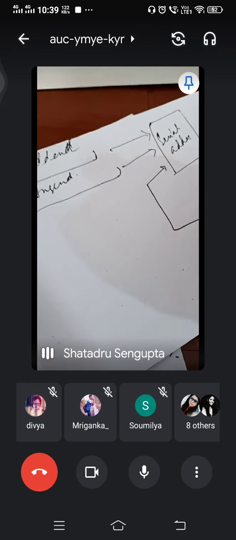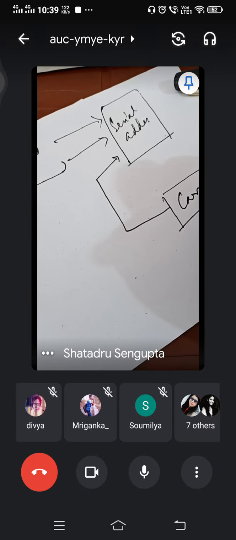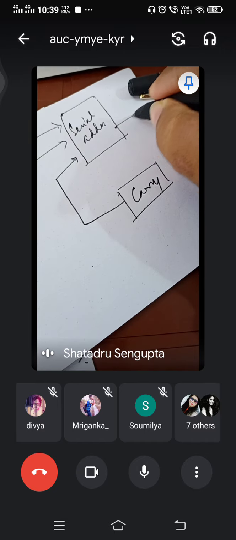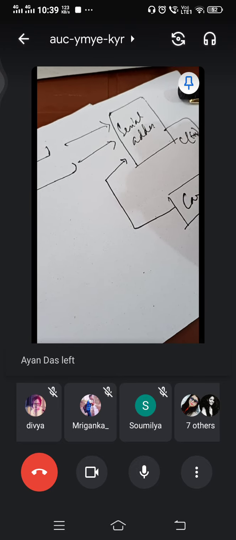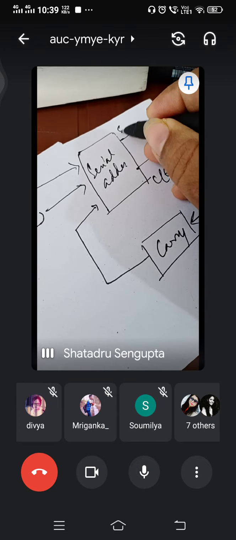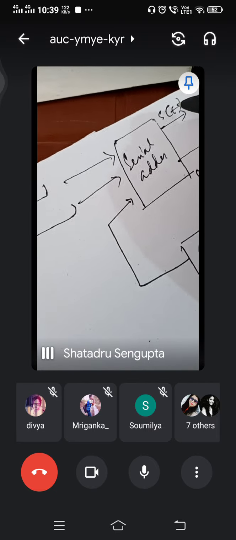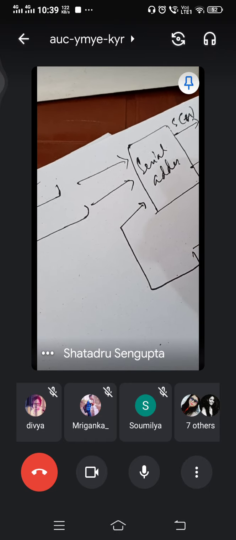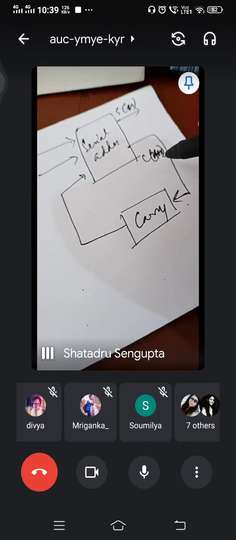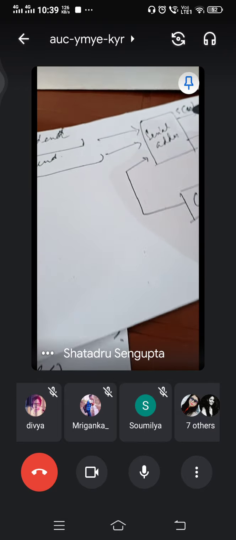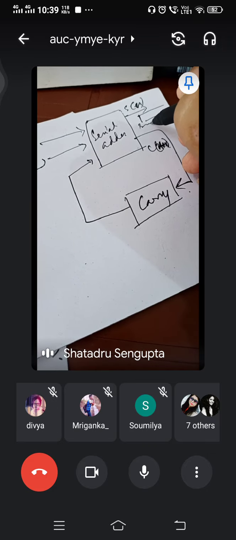And the next one that comes in is a carry. It's got two outputs. One goes into the carry, C n plus 1, and this one is S n. So carry for the n plus 1 sum, and this is the S n sum. This goes into a result register, which is actually the sum.